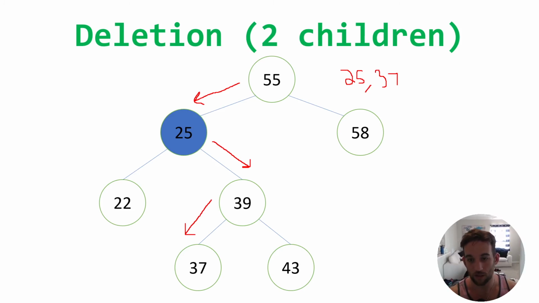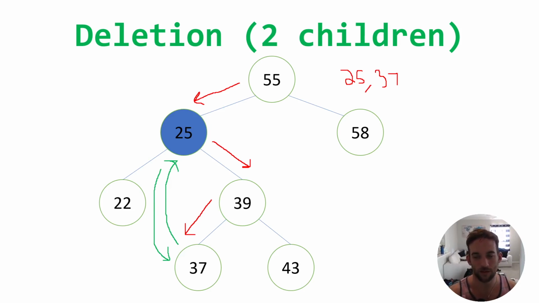And then what you do is, let me change this color, you're going to swap these. You swap them, and once 25 is down here, you want to get rid of it. So once you swap these and 25 is where 37 is, delete it, and then you will be good, because 37 won't have any children, since it's the leftmost node.